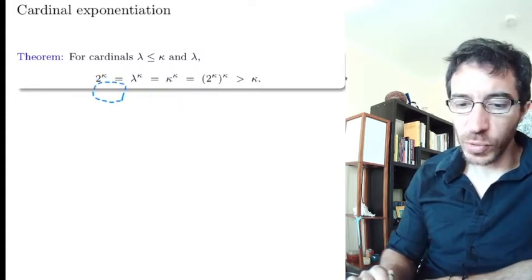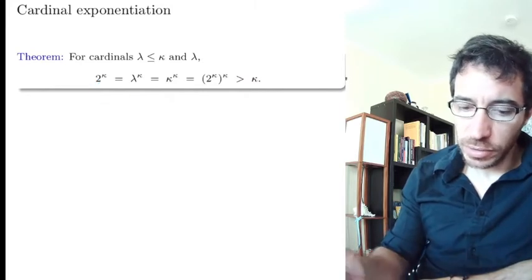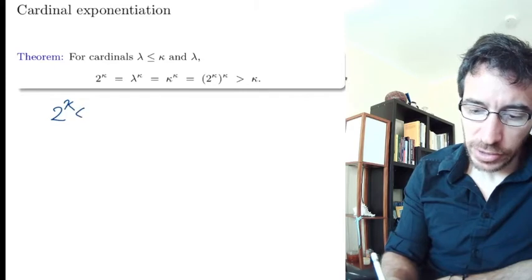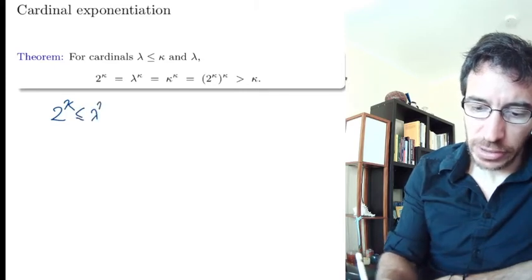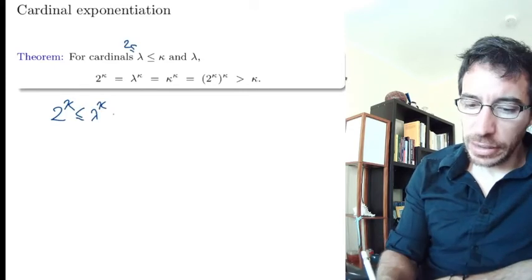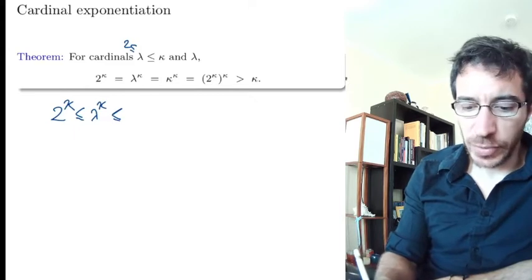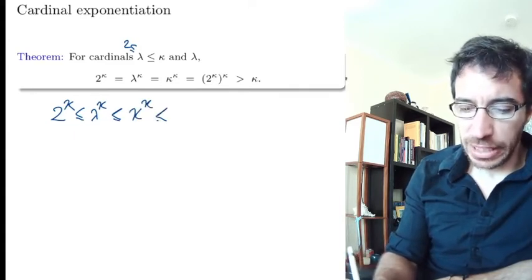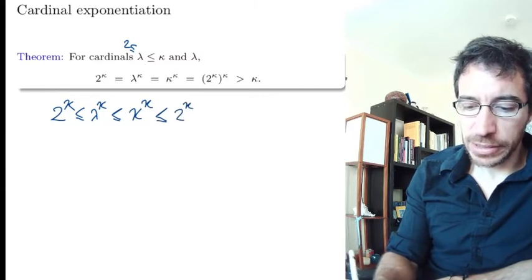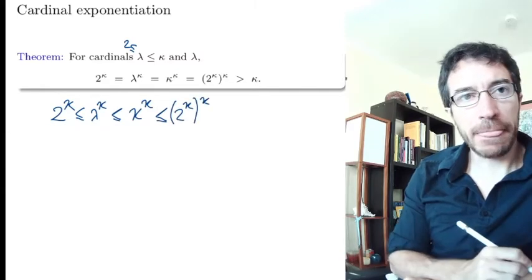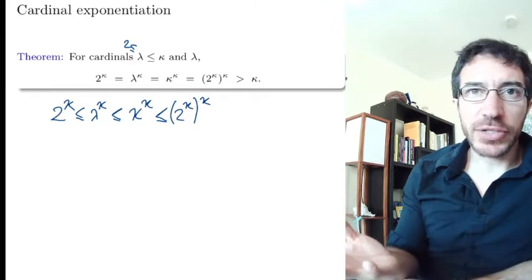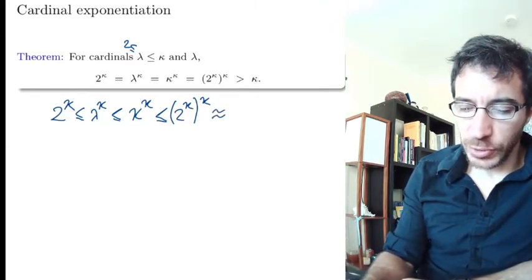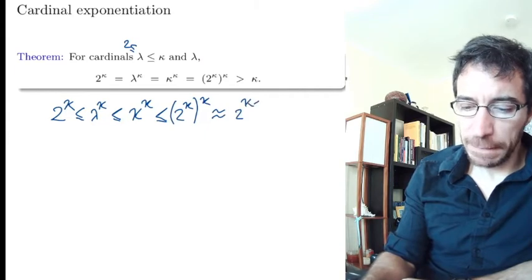Why are all of these equal? Well, we know 2 to the kappa must be less than or equal to lambda to the kappa, assuming lambda is at least 2. And then lambda is less than kappa, so that has to be less than or equal to kappa to the kappa. And of course, that is less than or equal to 2 to the kappa, to the kappa, which by the properties of exponentiation is the same thing as 2 to the kappa times kappa.